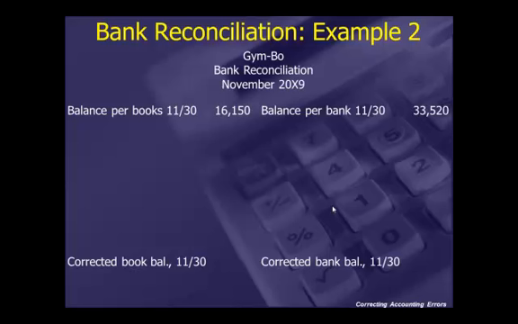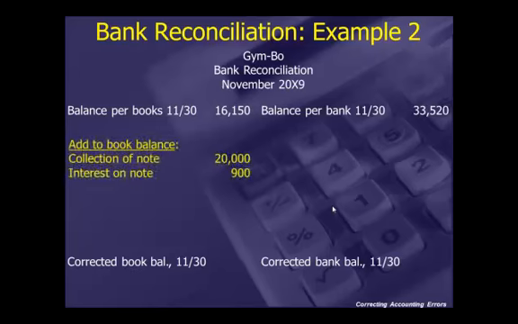So now we're going to look at this. There's a 3-line heading, Jimbo Bank Reconciliation, November, should be November 2009. This will be giving us the adjusted or corrected bank balance for November 30th. So on the balance for the books side, we're going to add the collection of the note, the principal plus interest.